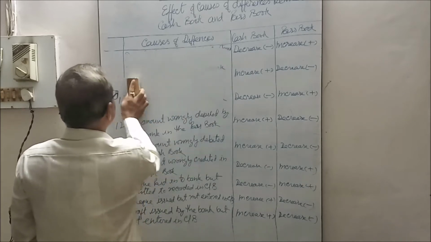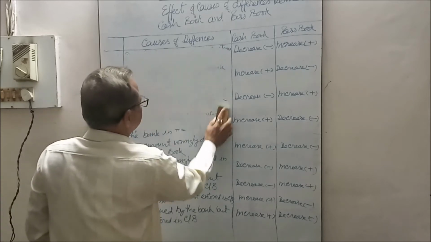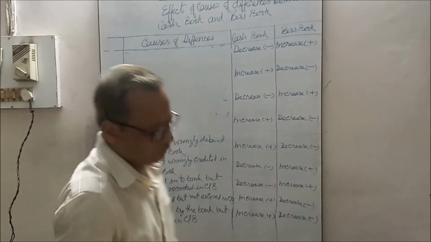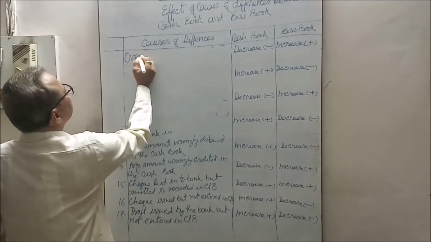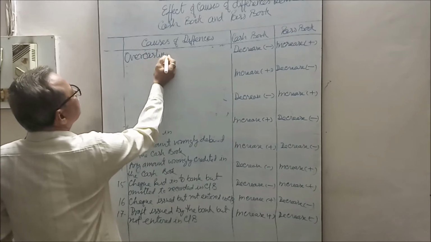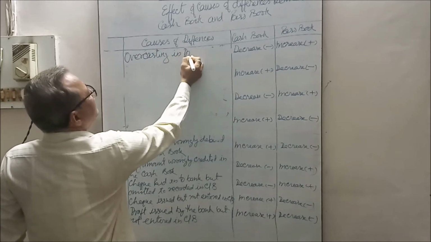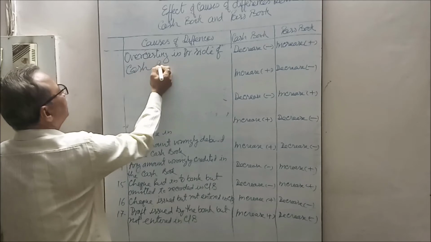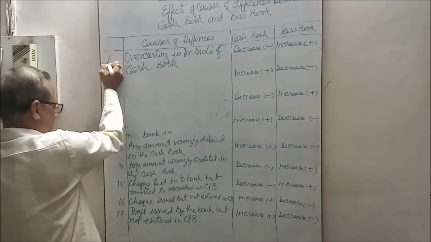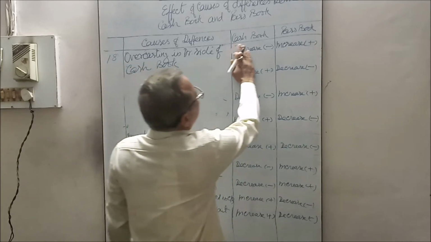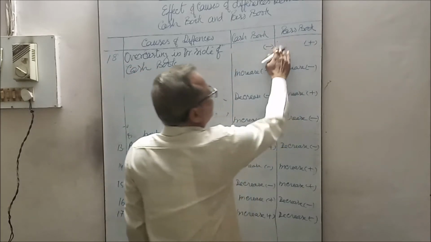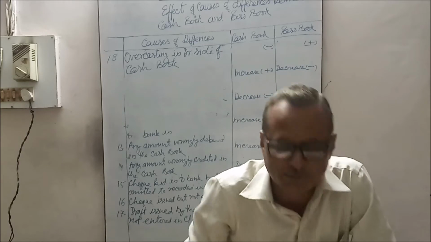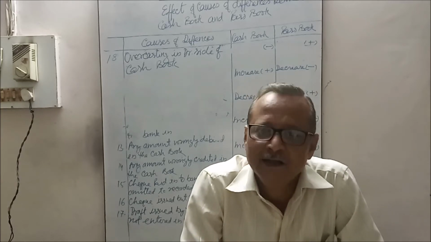See, some more items. Overcasting in the debit side of cash book means the total of the debit side of cash book or excess amount being written in the cash book debit side, that is wrong.